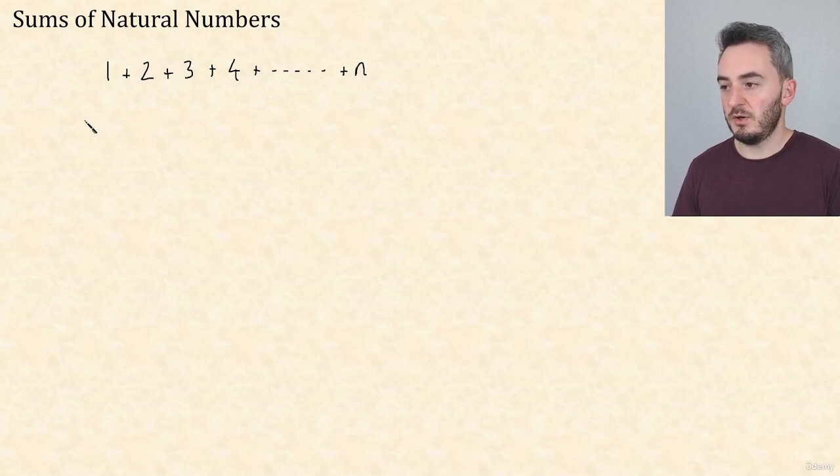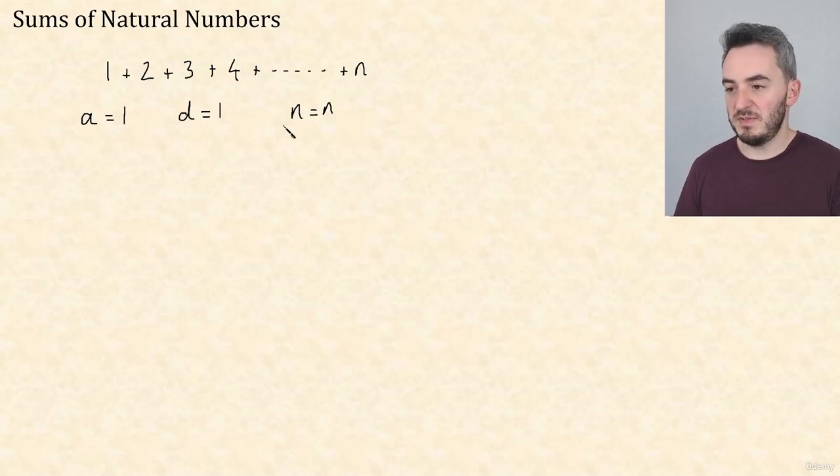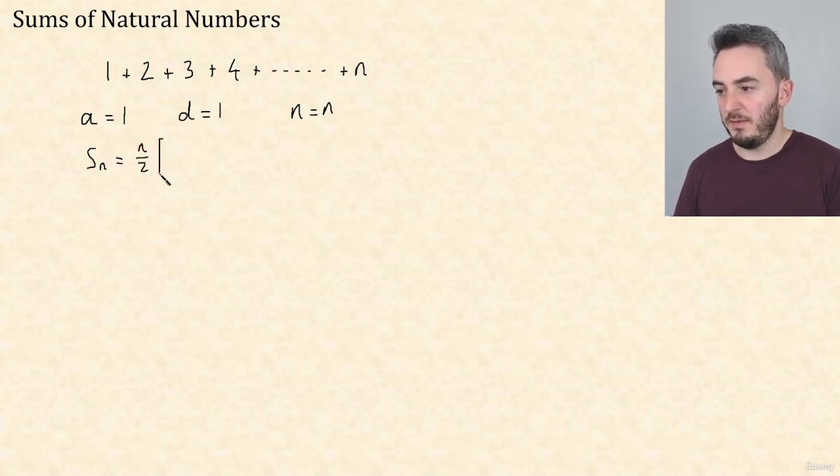So that would be to say, look, we have a first value of 1, a starting value of 1. We have a common difference of 1. And of course, we have n equals n, because there are n numbers in that series. And we can say the sum of the first n terms of an arithmetic sequence is n over 2, and then it's 2a, which is 2, plus n minus 1 times 1.